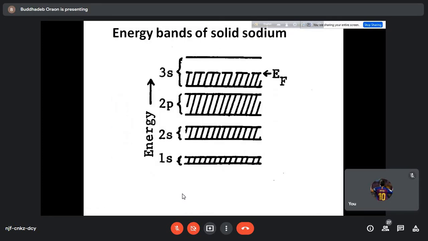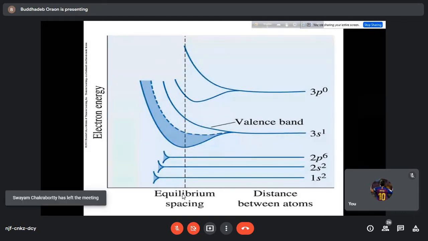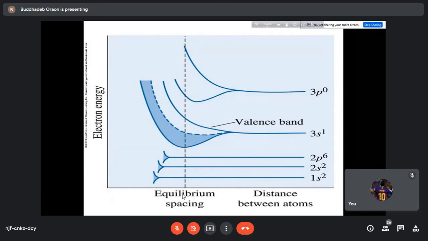This is another diagram for sodium itself. The point is how the energy bands of different electrons change when we consider the distance between the atoms. That means suppose you are moving the atoms away from one another, how do the energy bands change?